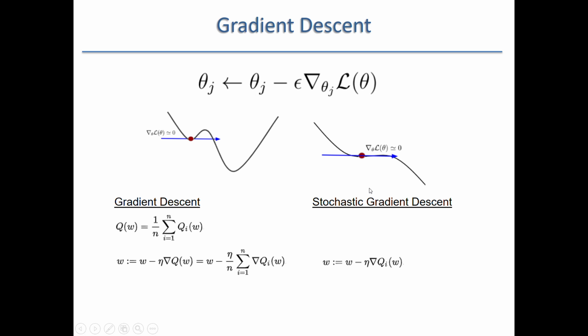So you have the concept of batch. The batch is somewhere in between. Not using the million, not using one, but using a few.